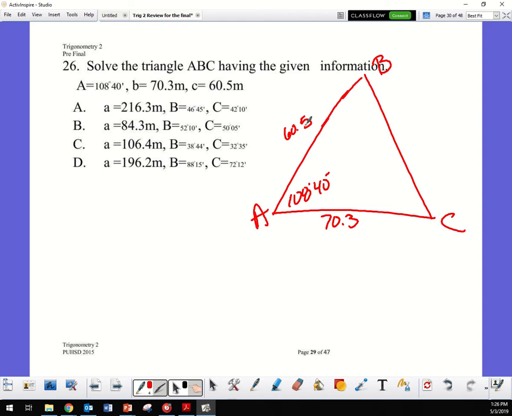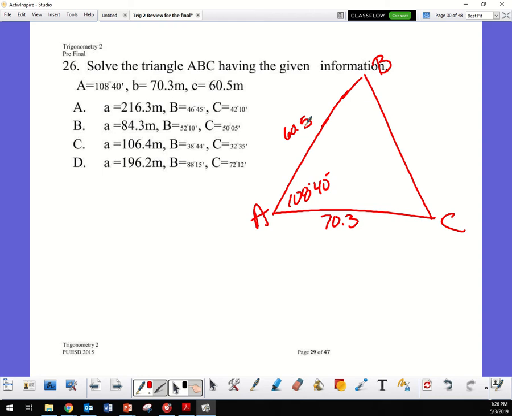Now, before I do anything, let's start with some identities and some properties that we know have to be true. Looking at this triangle right here, can you tell me anything you know has to be true? Little a is the biggest. Very good. Why does little a have to be the biggest?